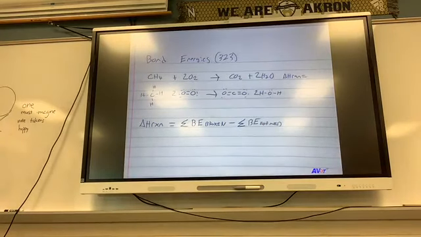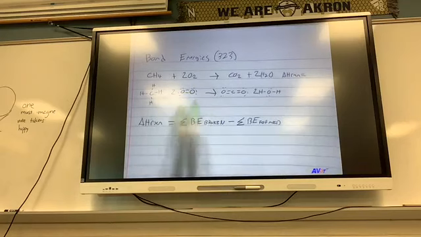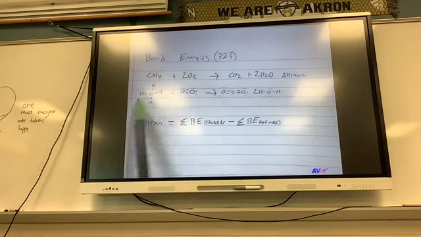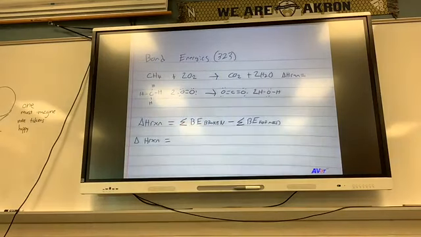You will notice that this is backwards, because when we were doing delta H reaction, it was products minus reactants. Well, here, the broken ones are here. So for bond energies, it's actually reactants minus products, because I'm breaking these bonds to make bonds over here. So here's how this would look for this equation. Delta H reaction equals bonds broken.